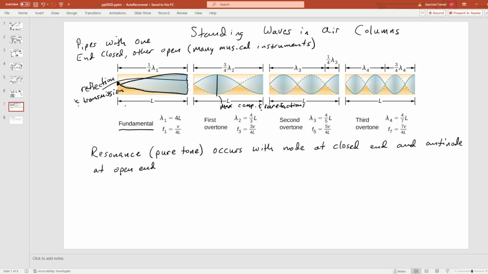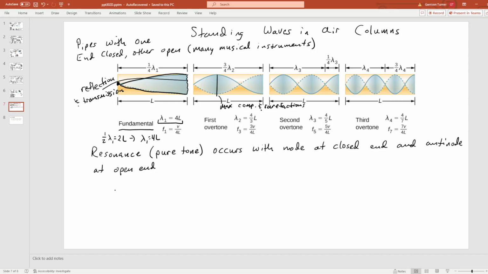But it went twice the distance of the pipe, or 2L. So for your fundamental tone, 1/2 of your wavelength is equal to twice the length of your tube. And that leads us to this expression where if I solve for lambda 1 equals 4 times the length of my pipe.